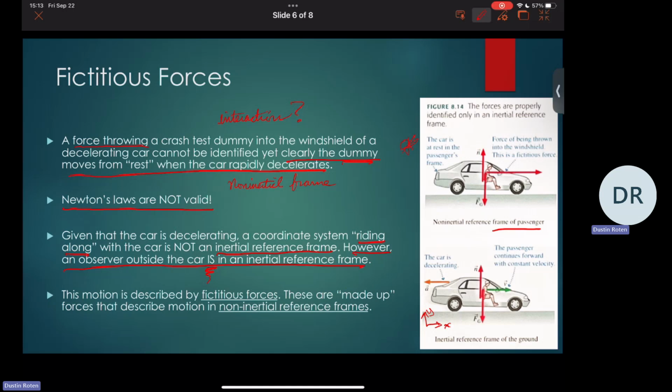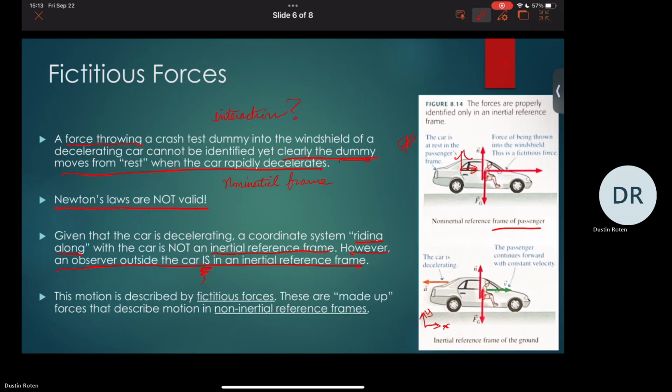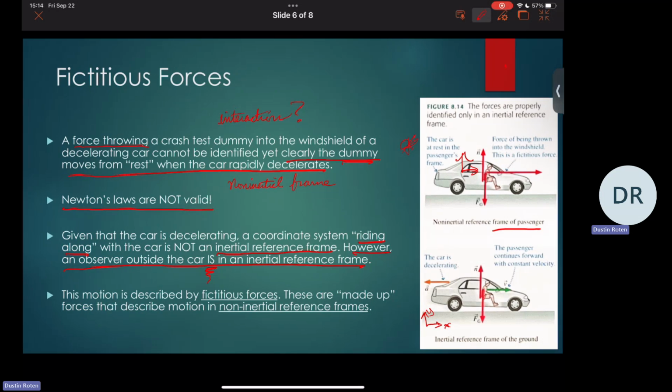But the whole idea here is that in the ride-along coordinate system, so the one with the car, you're seeing things move around in your coordinate system, and there's not necessarily forces associated with those movements. However, these made-up fictitious forces, we can still use them to describe the motion in non-inertial reference frames.